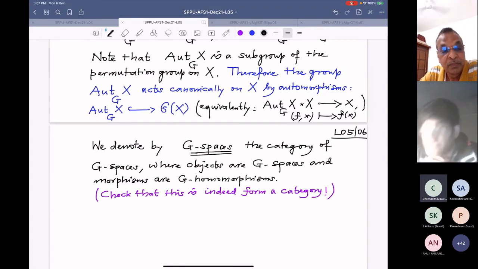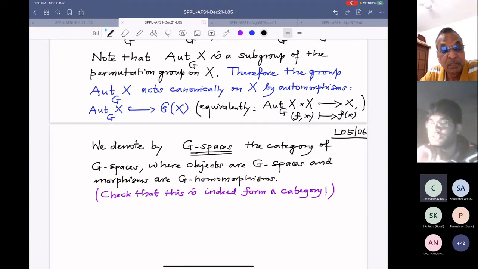Can you please briefly tell us what is the category? Yes. A category is a 5-tuple where the entries are the objects, the morphisms, a partial composition function, and domain and codomain functions. Domain and codomain are functions from the morphisms to the objects.